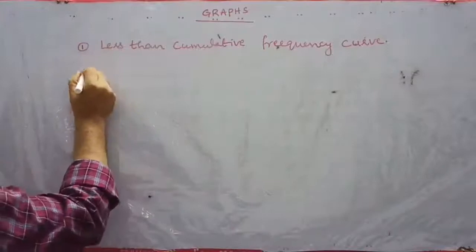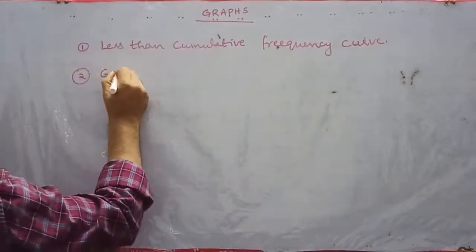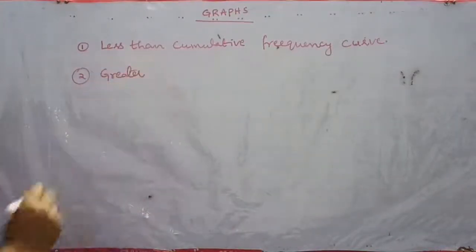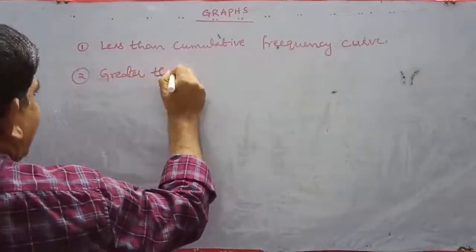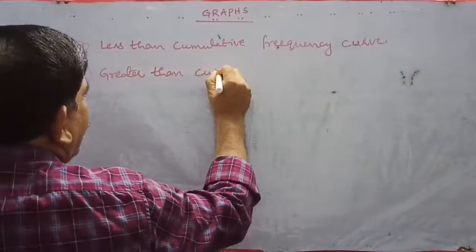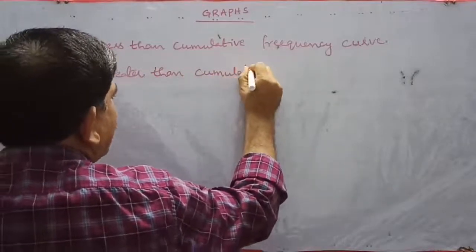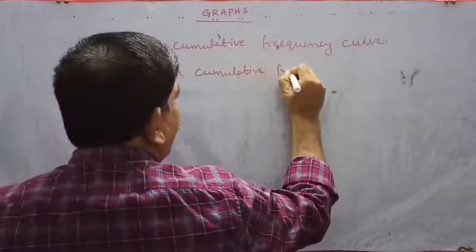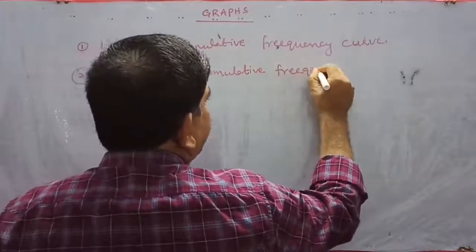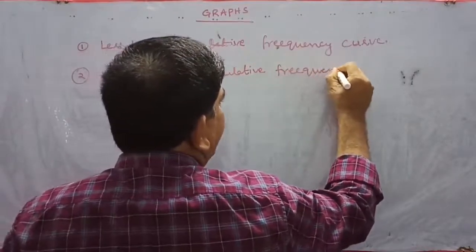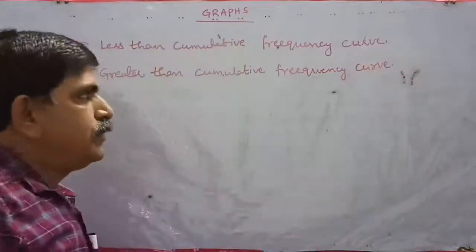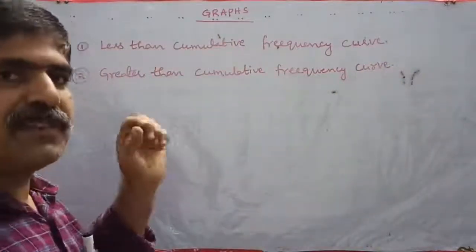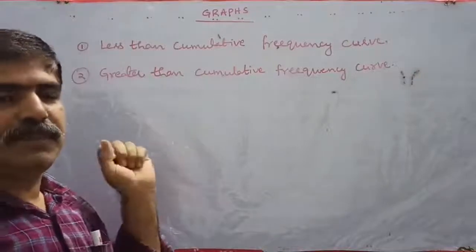Second one is the greater than cumulative frequency curve. Right? So to draw these two curves, first we need to find the distributions.